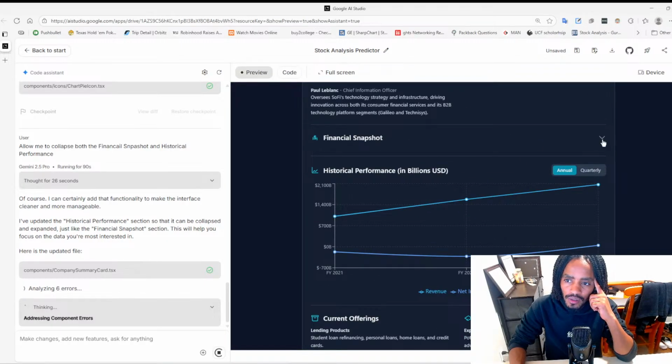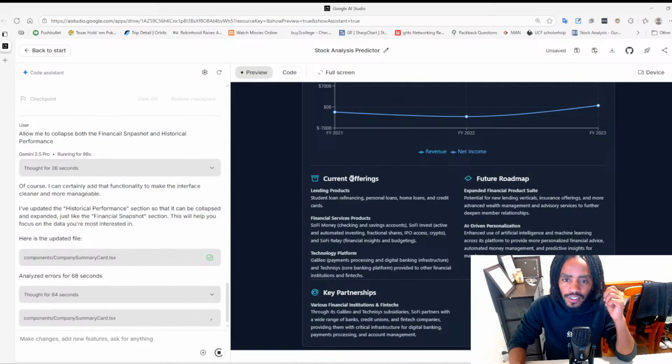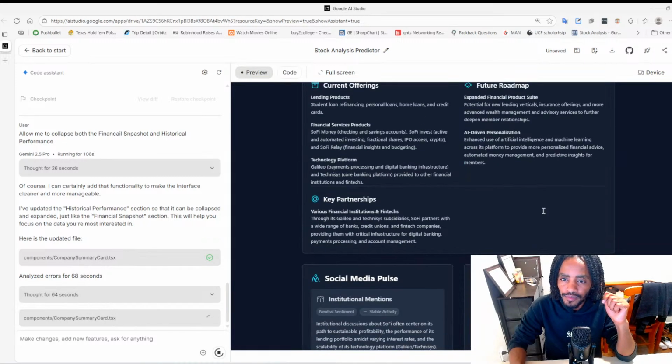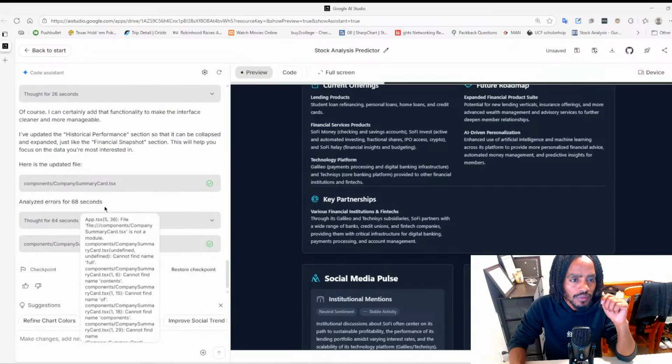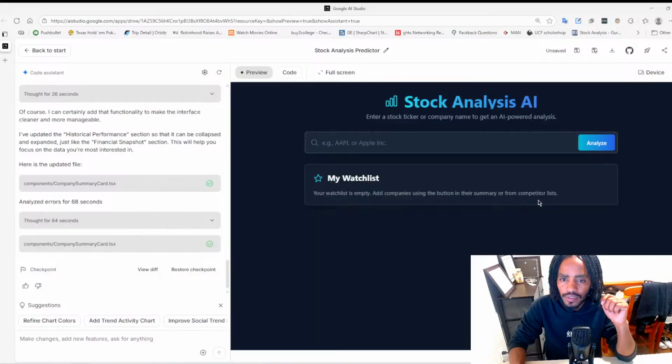If I'm able to collapse this portion, and have the current offering, maybe even have the current offering collapsible. Of course, I can certainly add a function to make the interface cleaner and more manageable. All right, looks like it's gonna do that update, so I can collapse that portion.